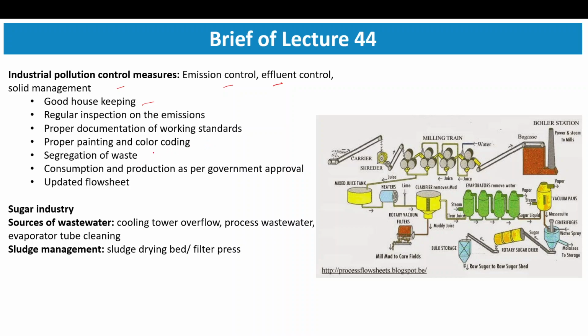Another measure that needs to be taken care of is segregation of waste, may it be air, water, or sludge. If waste has different characteristics, instead of mixing, we need to segregate it, because mixing will result in treatment of a greater quantity of waste.